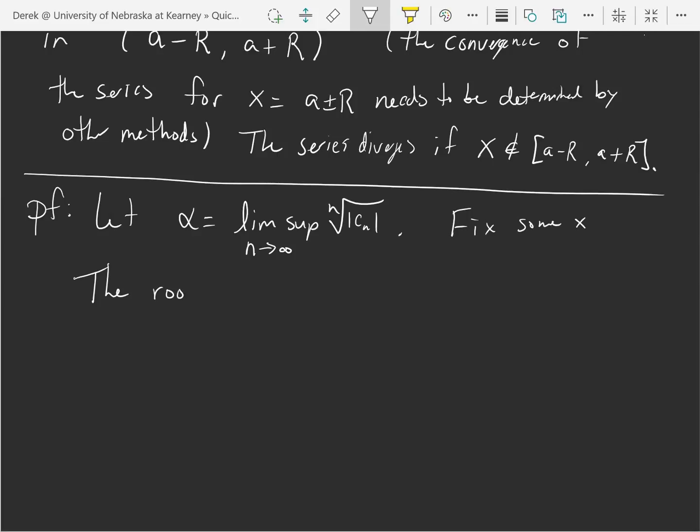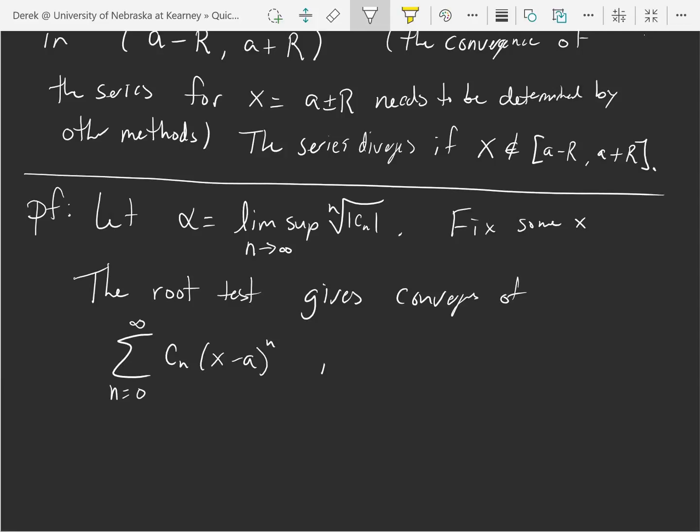The root test gives convergence of the sum of c sub n, x minus a to the n, from n equals 0 to infinity, if the lim sup of the nth root of c sub n, x minus a to the n, is less than 1.